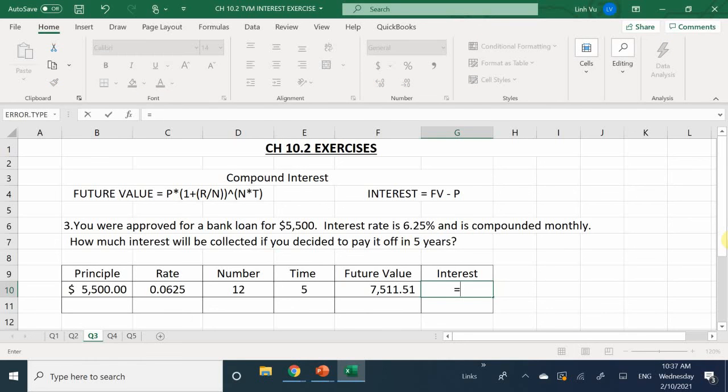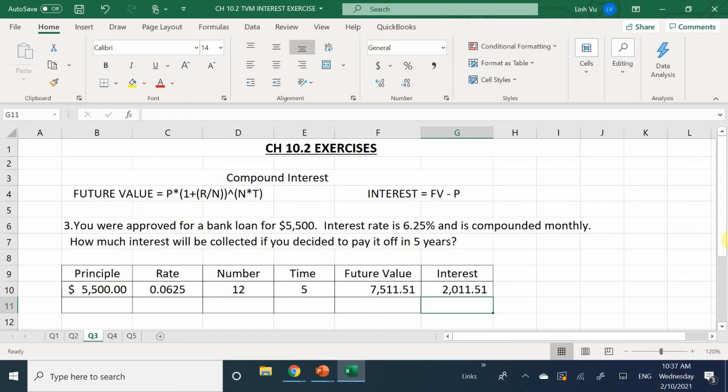Yes, it's supposed to be 75,1151. So in this case, what is my interest going to be? 2,011.51. Yes.